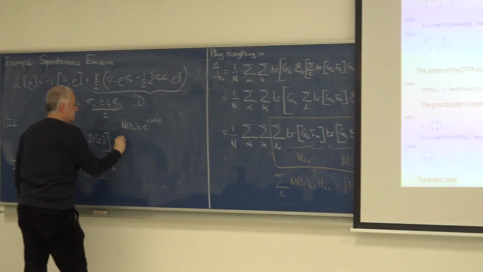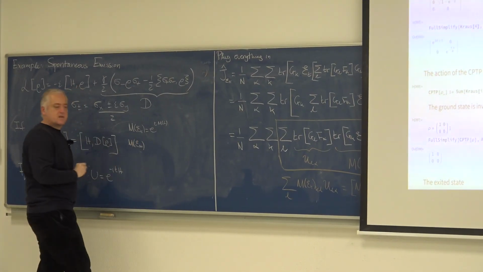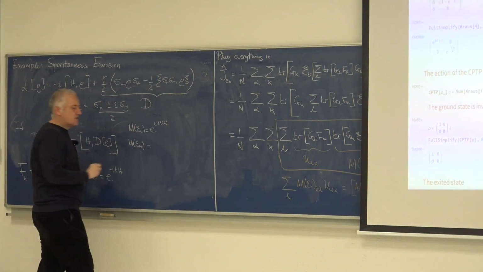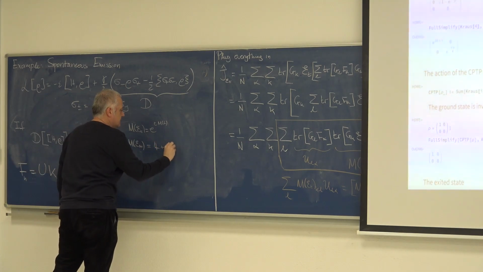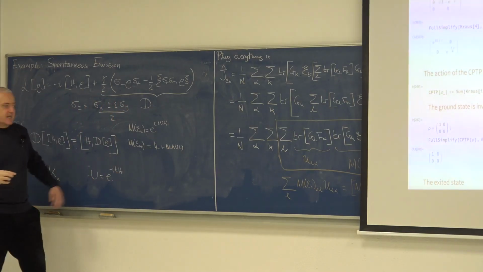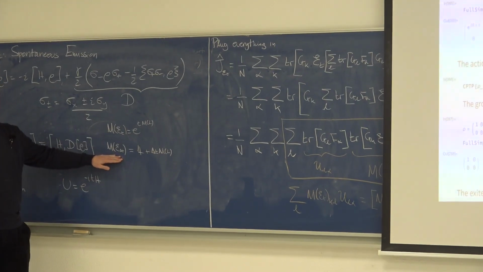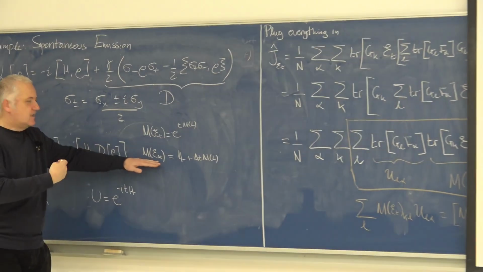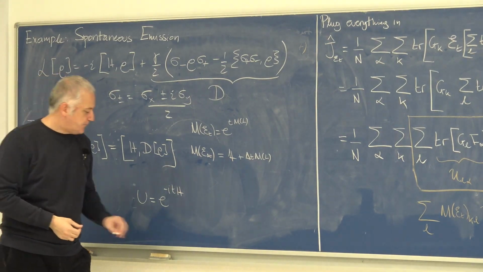If I now ask for a very small time, then I'm using the Taylor expansion. I know that this is the identity plus delta t times the matrix of L, right? And then I can at least construct my map for delta t, and then if I want to go to any larger time, I just apply this map the number of times I want, okay?